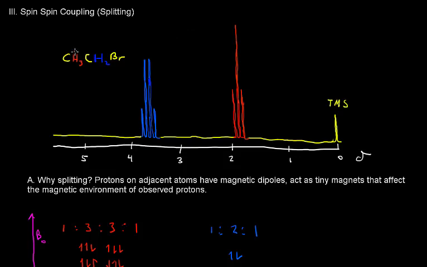So each of these 3 protons is like a little magnet that affects the magnetic environment of these protons. Similarly, these 2 protons are like little magnets that affect the magnetic environment of those protons. And remember, anything that affects that magnetic environment affects the energy difference between the 2 spin states, spin up and spin down, and that affects the frequency of the resonance, that Larmor frequency we talked about in the first video.